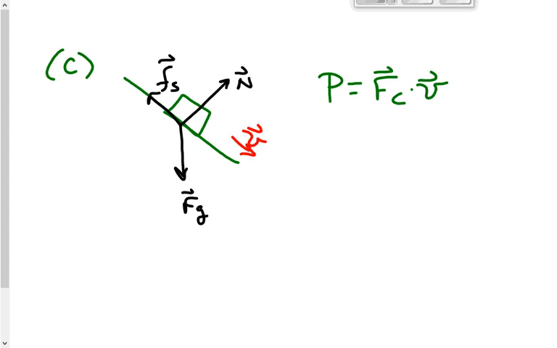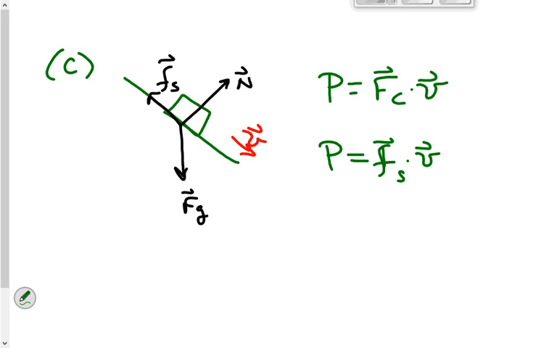And what's the force from the conveyor belt that has at least a component that's parallel to the velocity? The static friction. So again, it's going to be the static friction force dotted with the velocity.